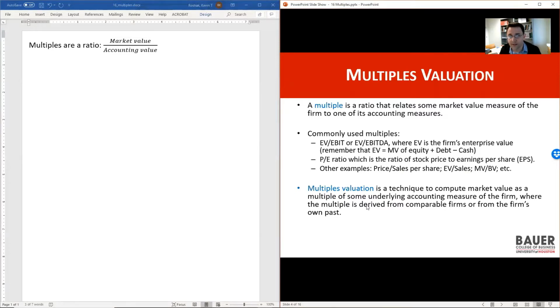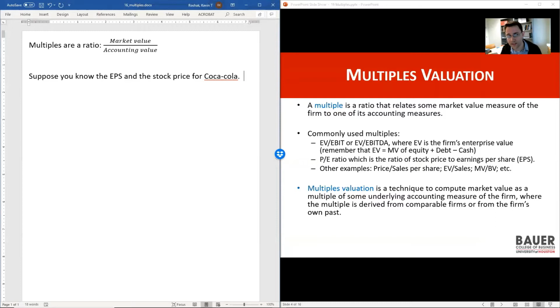We use this to help us get a quick and dirty valuation. So the idea is, consider the following example. Suppose you know the earnings per share and the stock price for Coca-Cola.